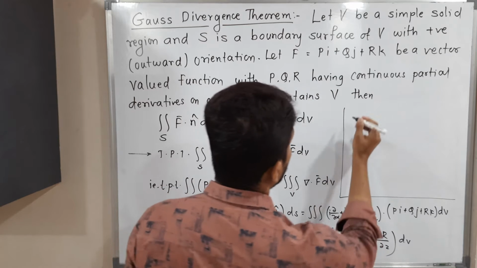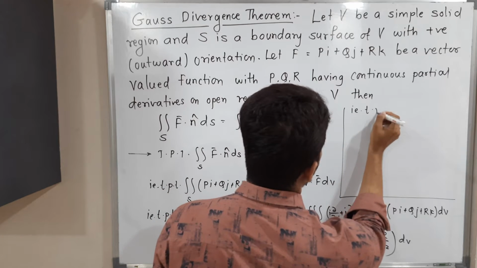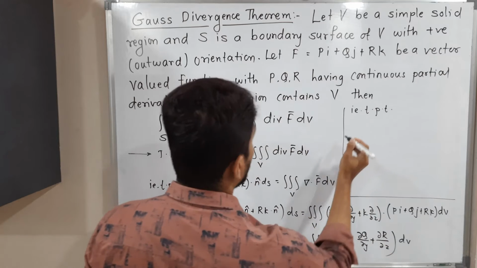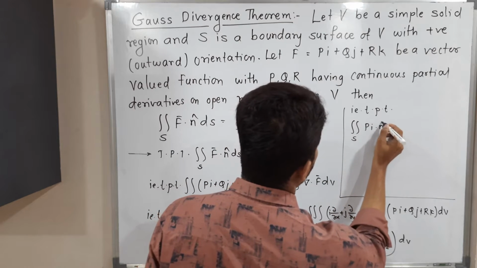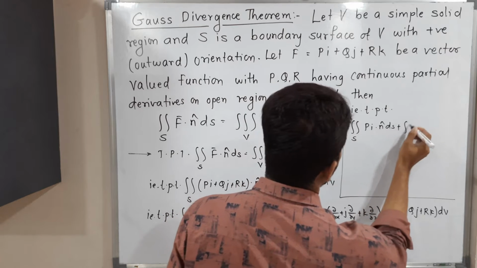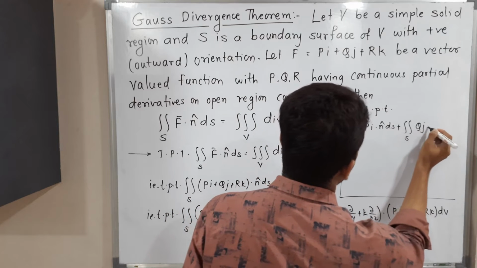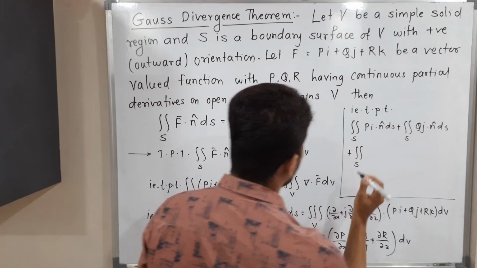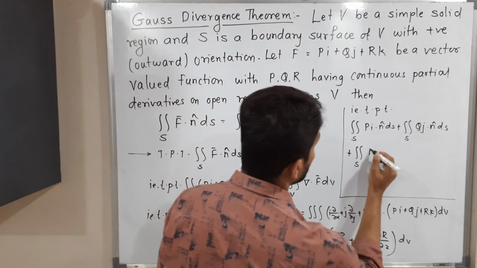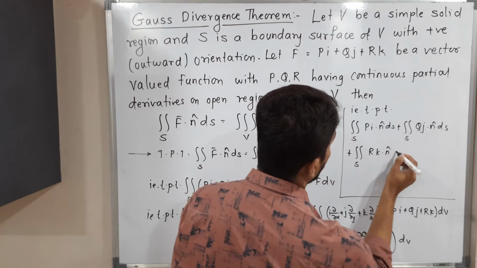So let me write here, we have some space, let me mention, that is to prove that double integration over S of Pi dot n cap dS plus double integration over S of Qj dot n cap dS plus double integration over S of Rk dot n cap dS.